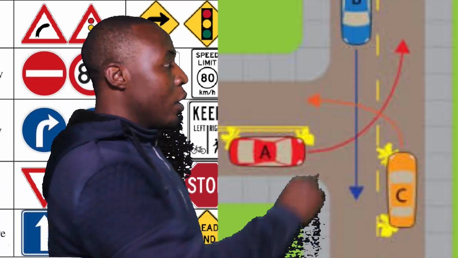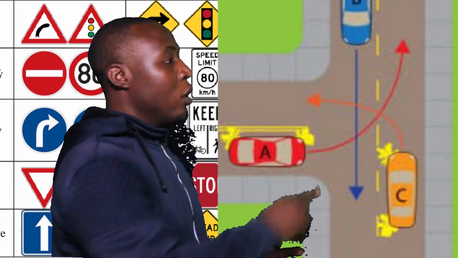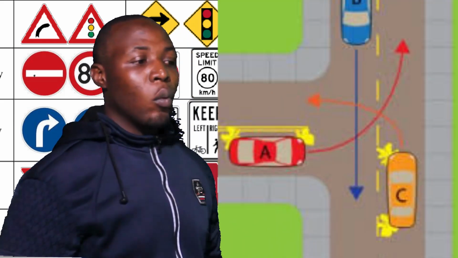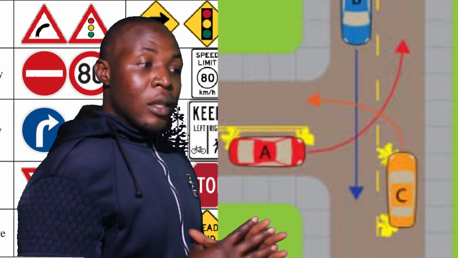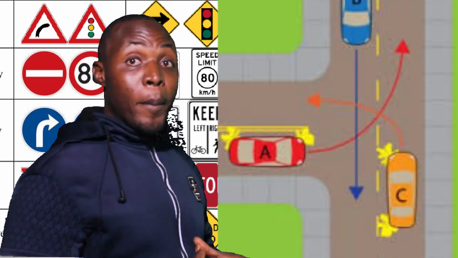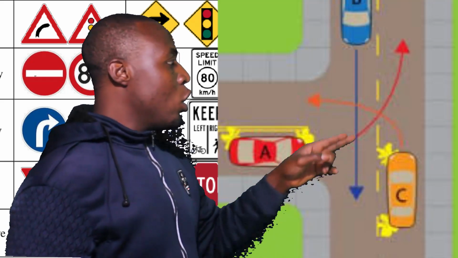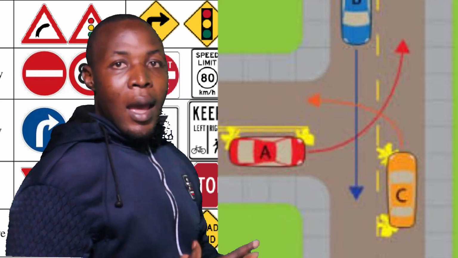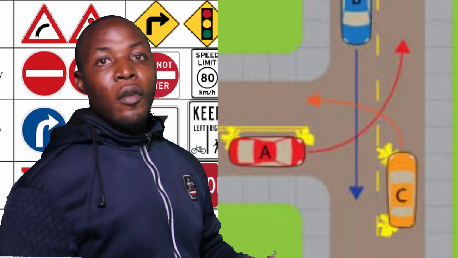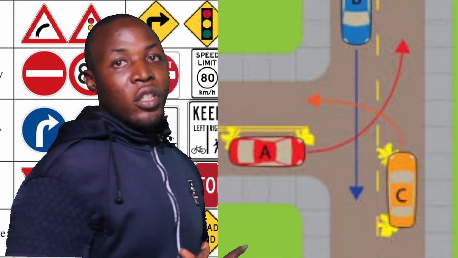That is, since the blue vehicle is going straight, the blue vehicle has the priority to pass and go down. Then the yellow vehicle is on a major road, so he has the priority to branch and enter, and the red vehicle will now follow. So that is the order of passing on this road.